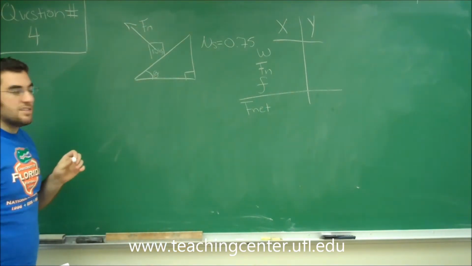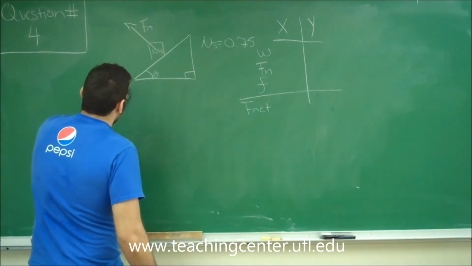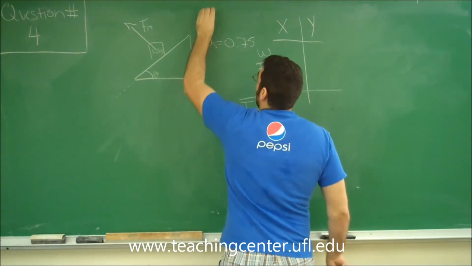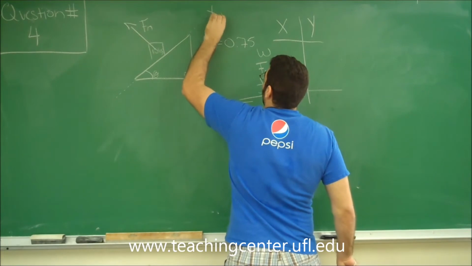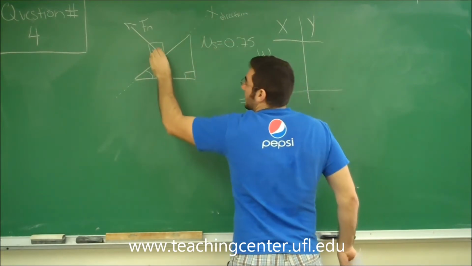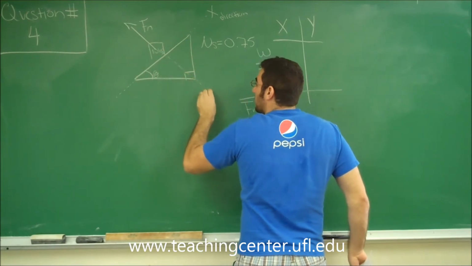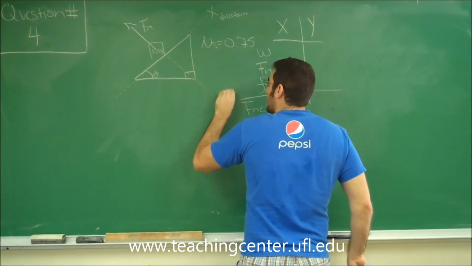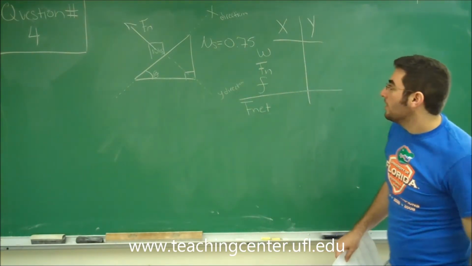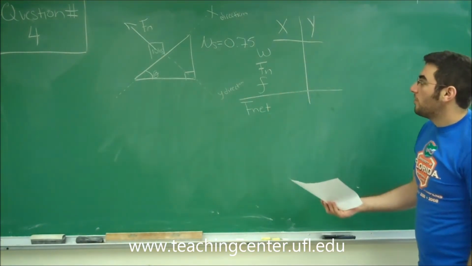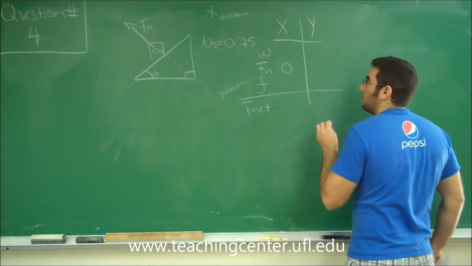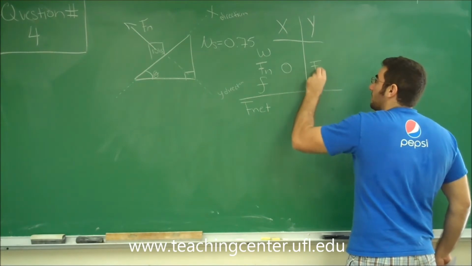If you want to visualize this question a little bit better, you can think of the incline that the block is on as the x direction, and we can divide it down with a 90-degree angle as the y direction. So here the normal force is only directed in the y direction. So we're going to go ahead and put a 0 for a placeholder here and call this Fn.